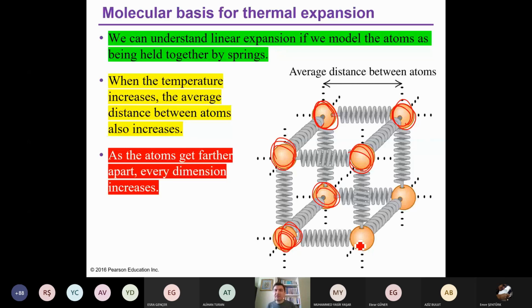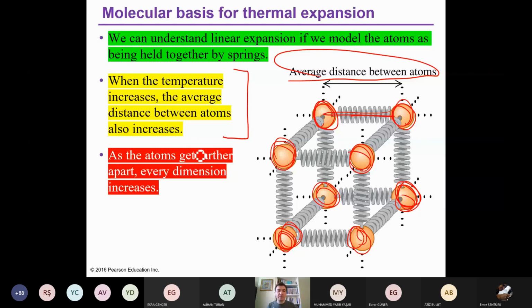And this is the average distance between the atoms. When the temperature increases, the average distance between atoms also increases. With this, atoms get farther apart and every dimension changes.